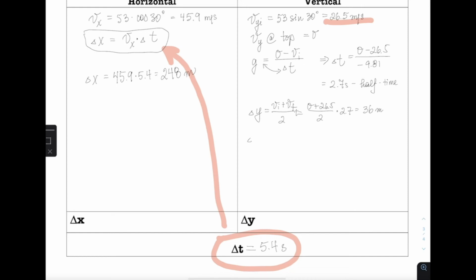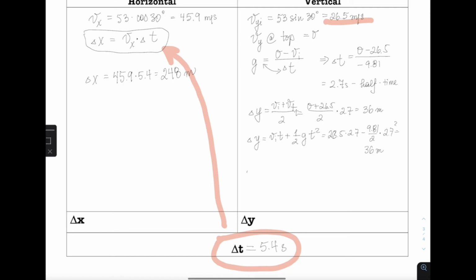Then I can use change in y equals V initial time plus 1/2 gt squared. Again, you're using half the time. 26.5 times 2.7 minus 9.81 over 2 times 2.7 squared. Voila, 36 meters.